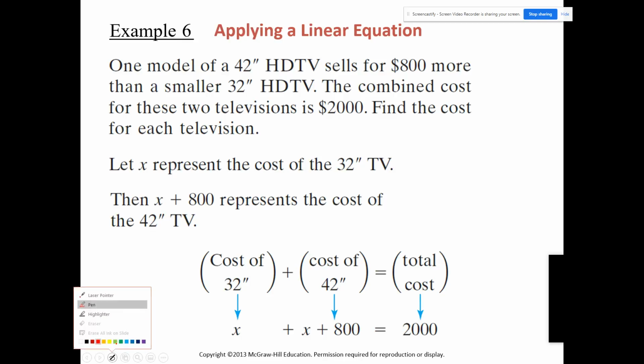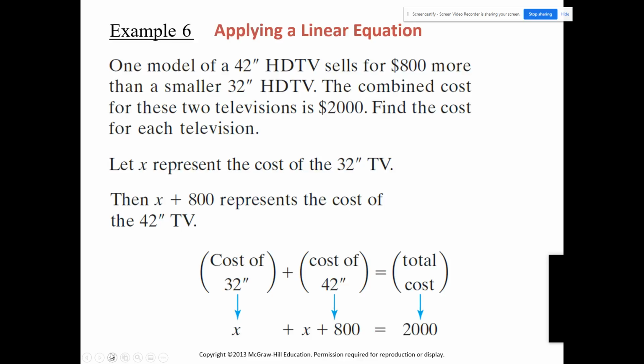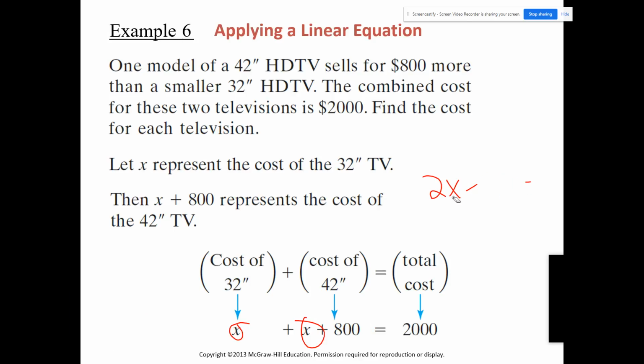All right, and then what happens from here is we solve it. So X plus X is going to give us 2X plus 800 equals 2,000. Let me fix that.